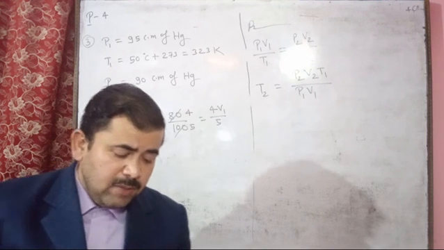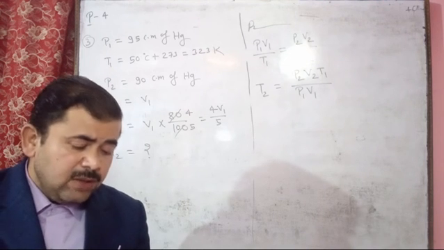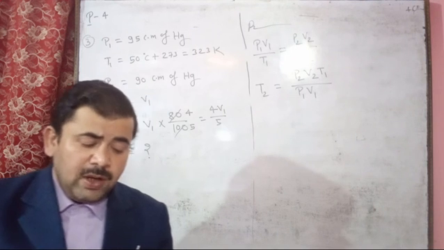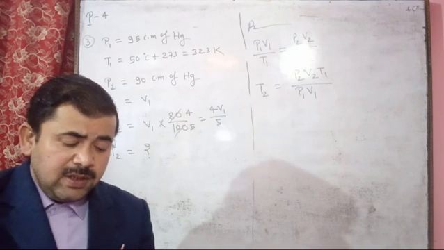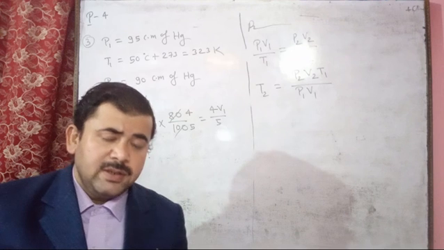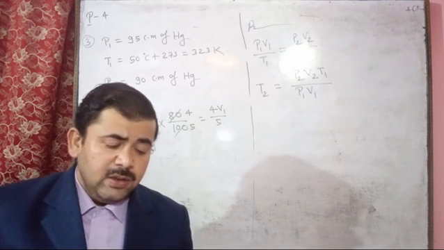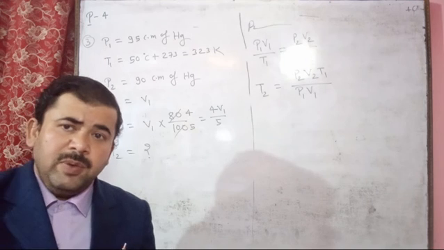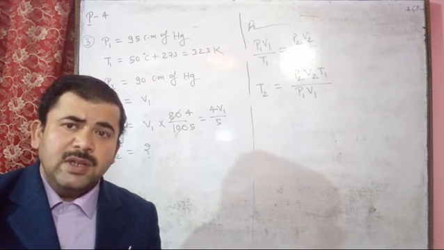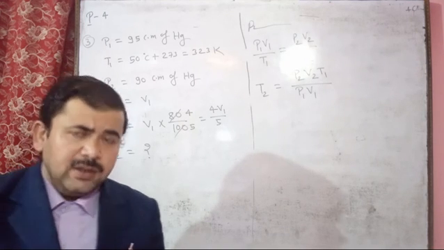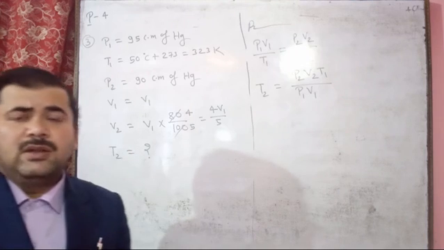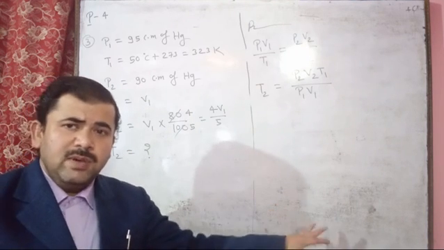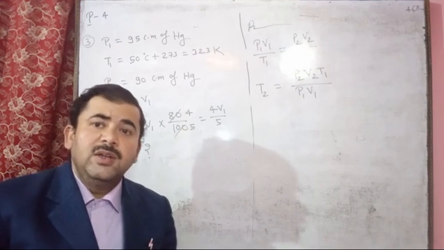In the same manner, the initial volume is given as 1000 ml, so the final volume will be triple of this. Volume triples, so the final volume is 3000 ml. Like this you will take these values and put them in the formula, then you will get the answer.